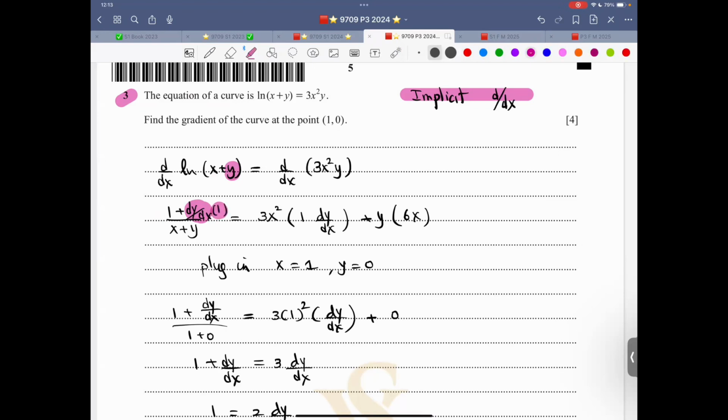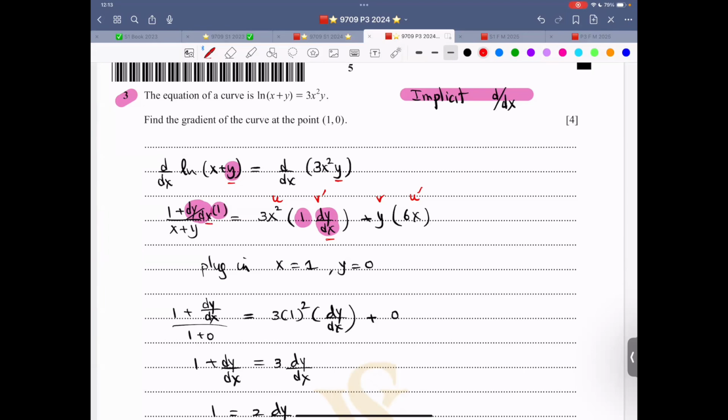And then over here, 3x square y: this is u, this is v prime, this is v, this is u prime. Whenever we differentiate anything in terms of y, dy by dx will come.